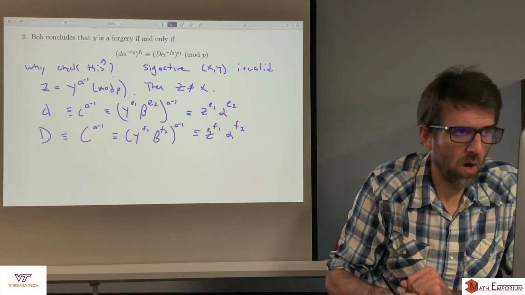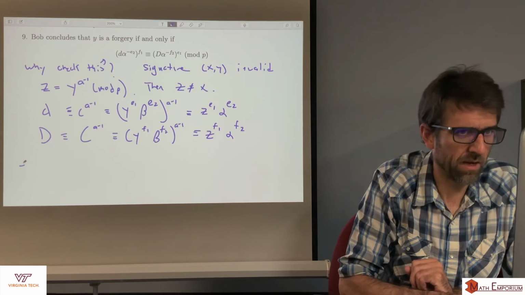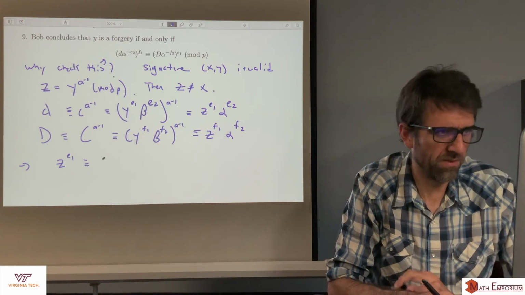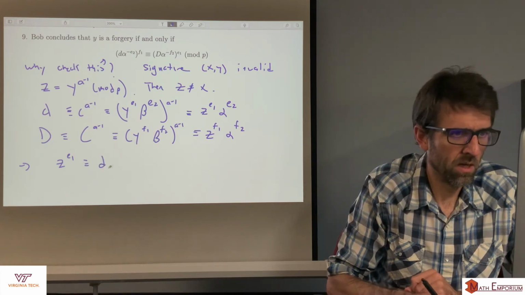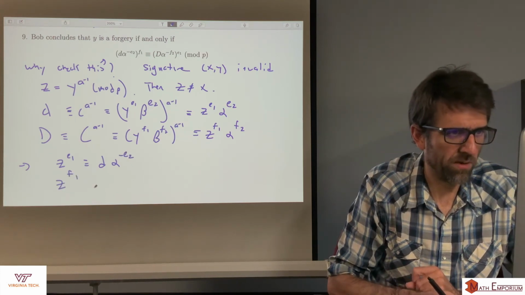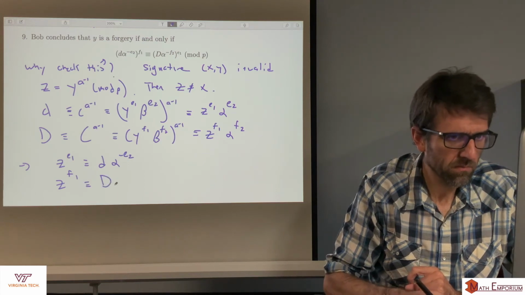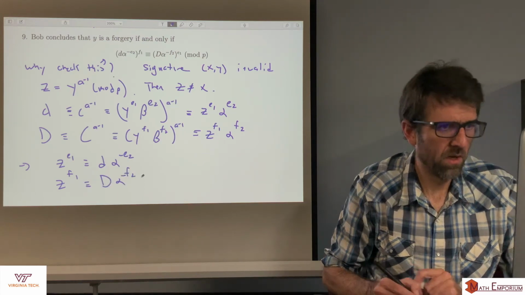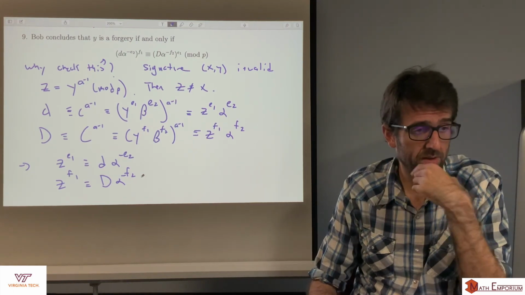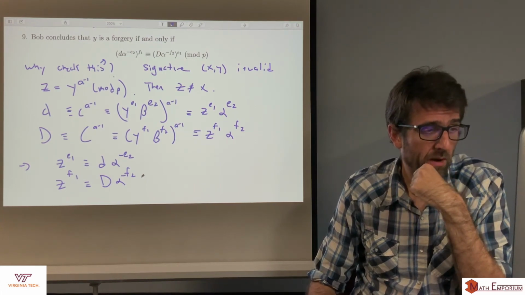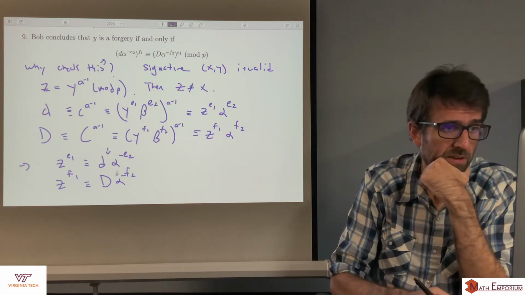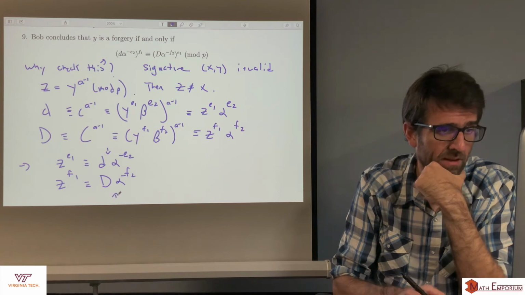So I can take each of these congruences and essentially solve for a power of z. I get z to the e1 is little d alpha to the minus e2. I get z to the f1 is big D times alpha to the minus f2. Bob doesn't know z. However, whatever z is, Bob knows that z to the e1 is this thing, and z to the f1 is this thing.